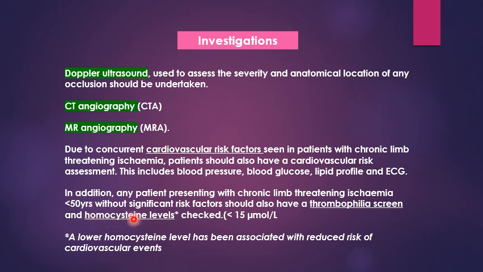So the homocysteine levels should also be checked. And a lower homocysteine level has been associated with reduced risk of cardiovascular defects. So very important. So older patients, you must assess the full cardiovascular screening. Younger patients, you must also do homocysteine levels.